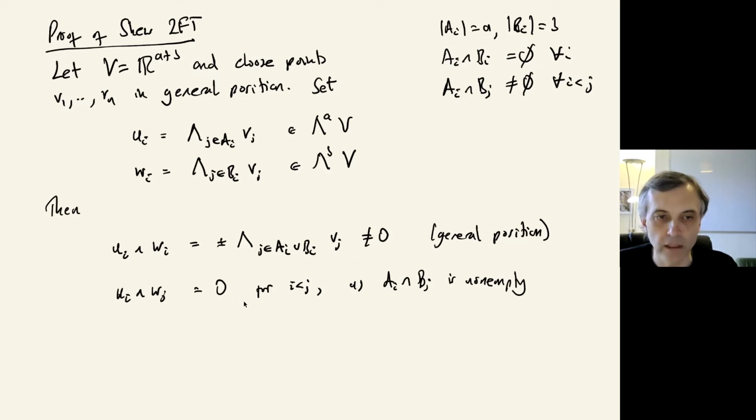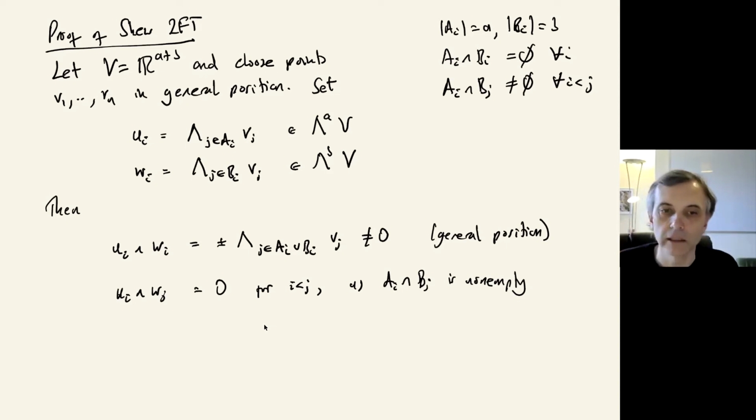Okay. What about ui wedge wj? Well, when I wedge together ui and wj, there's a common element to Ai and Bj if i is less than j. So when I wedge everything together, I've got some vector that occurs twice, and that tells me that the wedge product is 0.